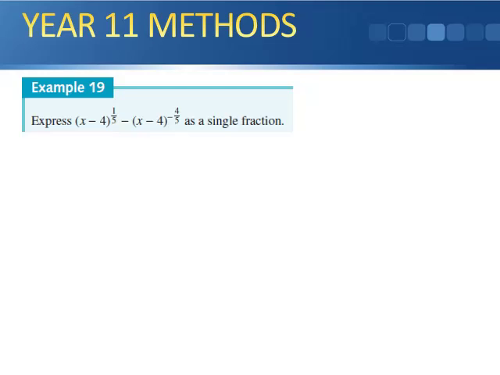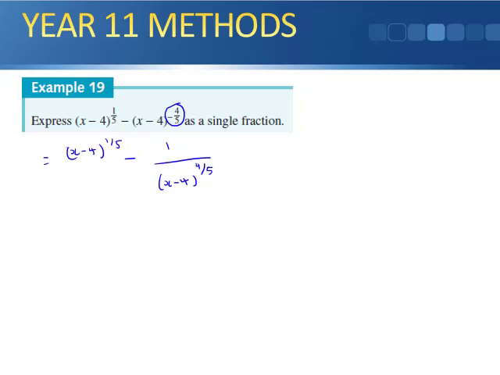Number 19, express x minus 4 to the power of a fifth minus x minus 4 to the power of negative fifth as a single fraction. Okay, so let me turn this negative into a positive. So I get x minus 4 to the 1/5 minus 1 divided by x minus 4 to the positive 4/5.